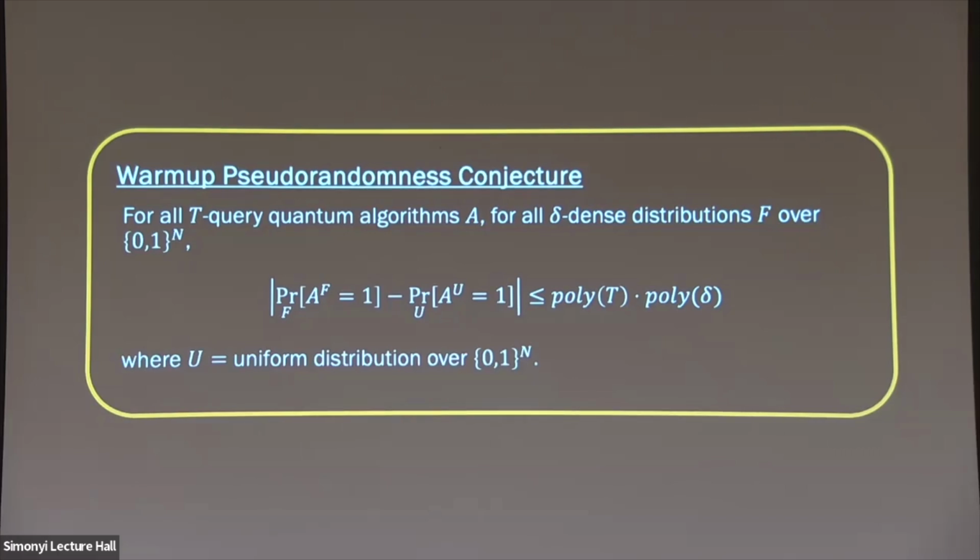The conjecture is that for all capital T query quantum algorithms, for all delta dense distributions f over n bit strings, if the quantum algorithm queries either a string sampled from this dense distribution or a uniformly random string, the difference in the probability that it accepts is at most polynomial in the number of queries it makes, times polynomial in the denseness parameter. So this gives you a non-trivial bound if delta is smaller than 1 over poly t.